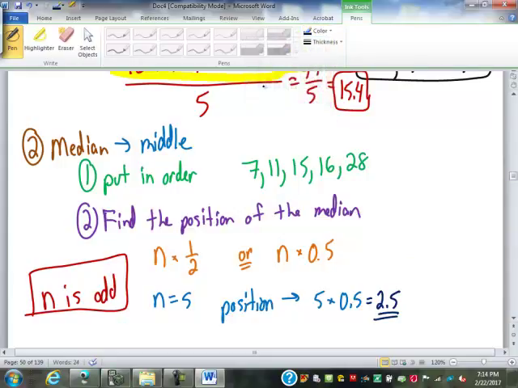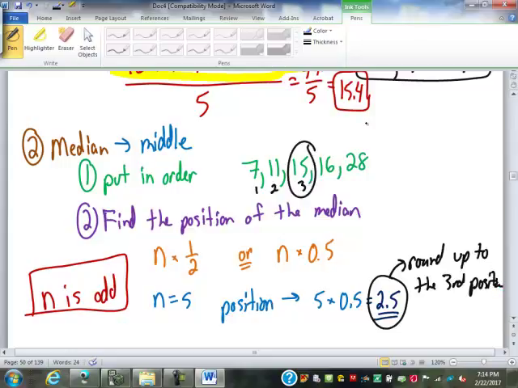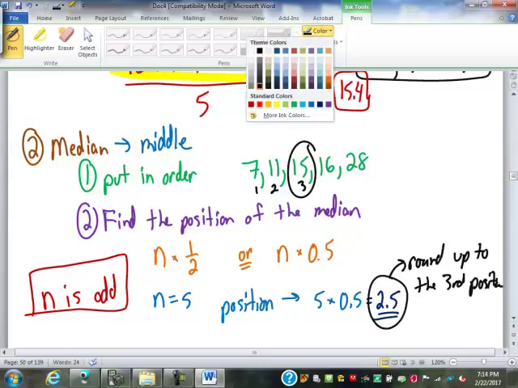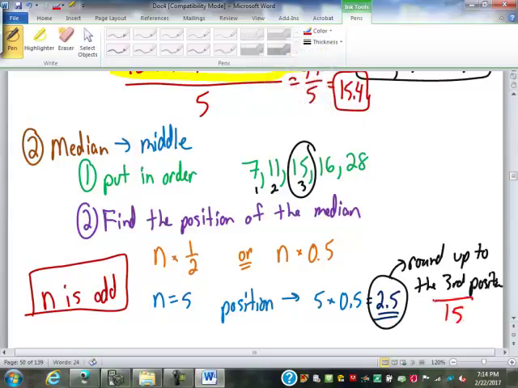That is a decimal. We're going to round up to the third position. So 1, 2, 3, that's my median.